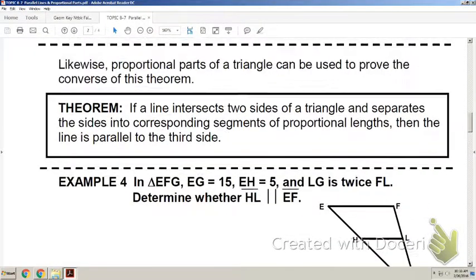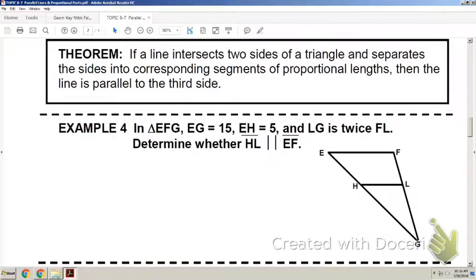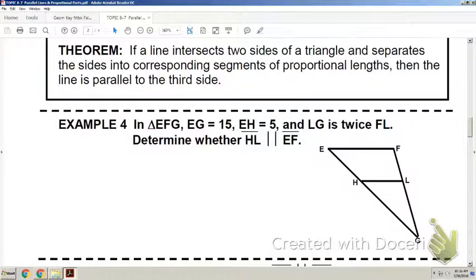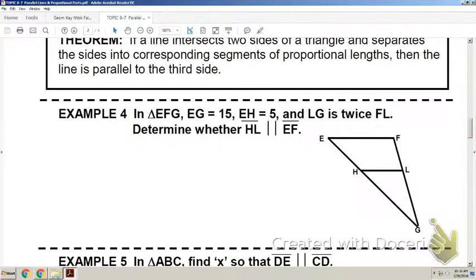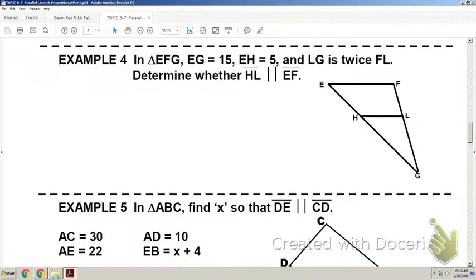Okay, there's another theorem here. It says, if a line intersects two sides of a triangle and separates the sides into corresponding segments of proportional lengths, then the line is parallel to the third side. So this time we're working backwards. We're going to label all the side lengths that are given. So it says in triangle EFG, EG is 15.